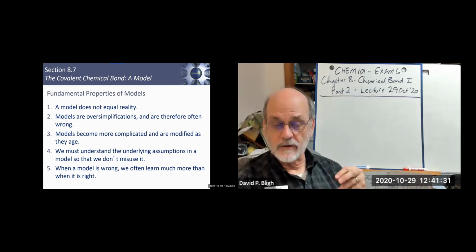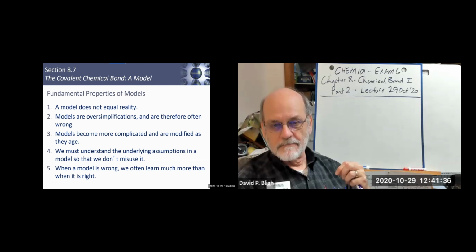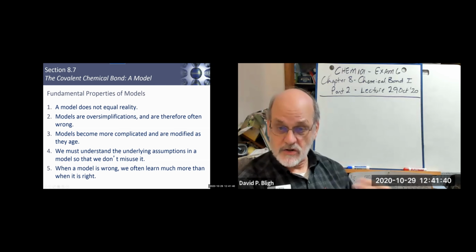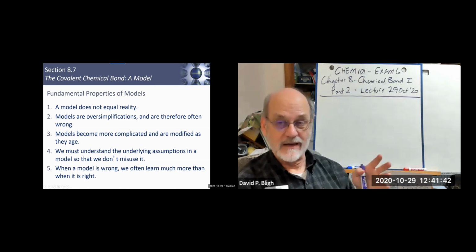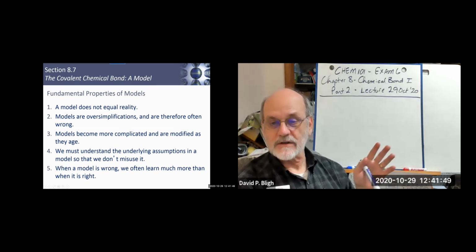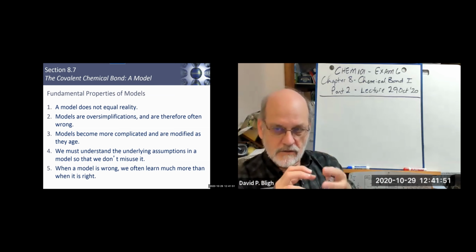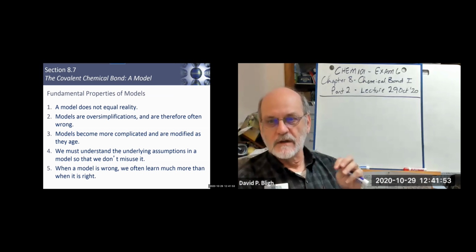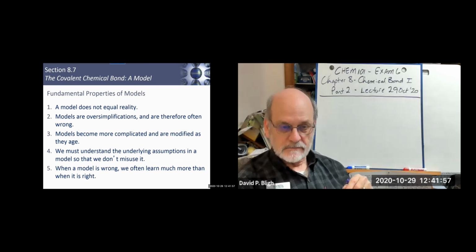So we have to be careful with the use of models. Generally, as models age, they become more complicated, because those things that are wrong we try to fix. Rather than toss it out, we try to make changes. We tweak the model so that it fits reality better.